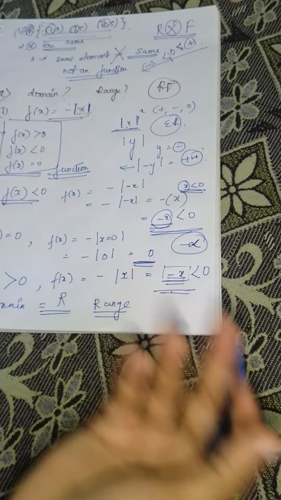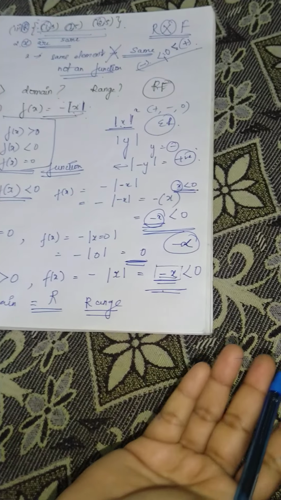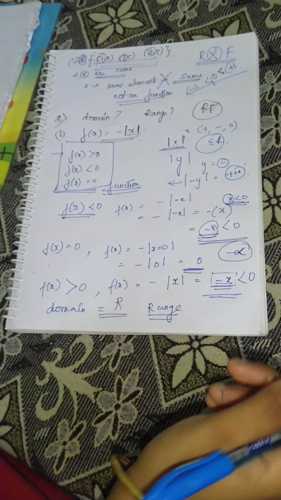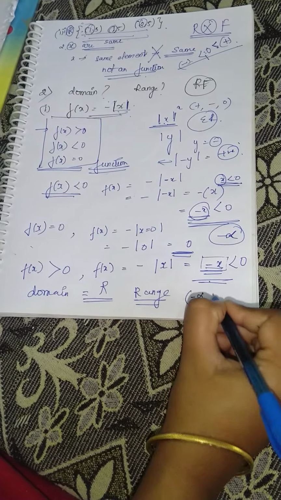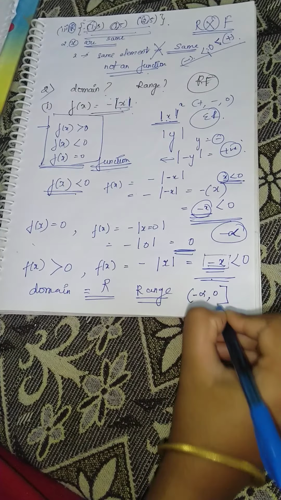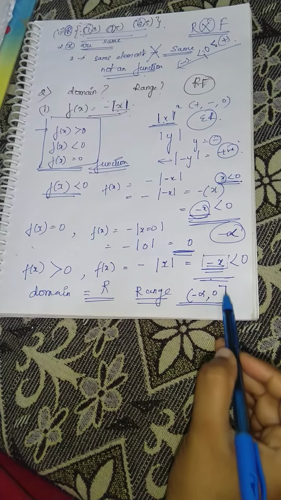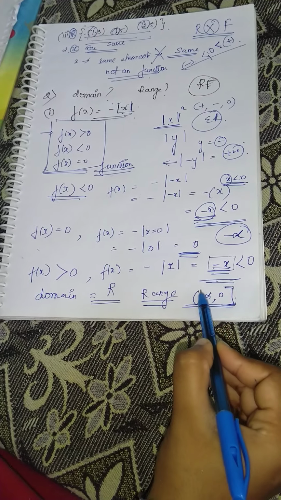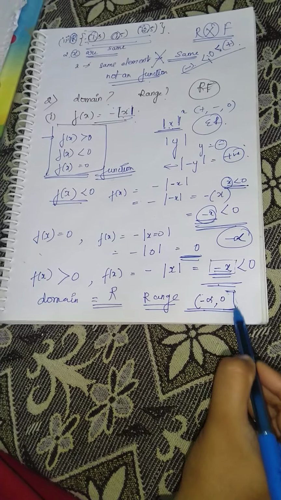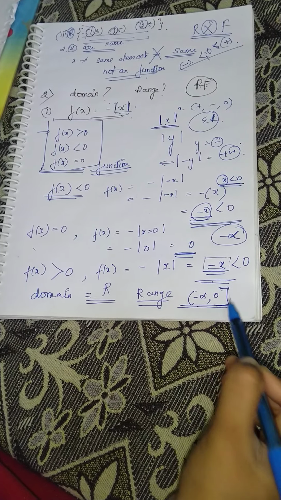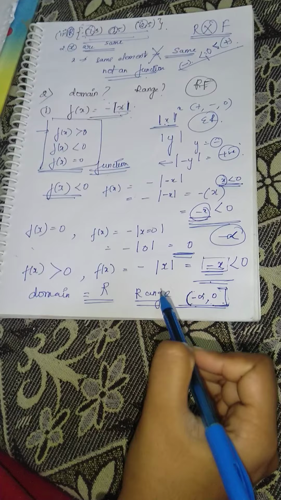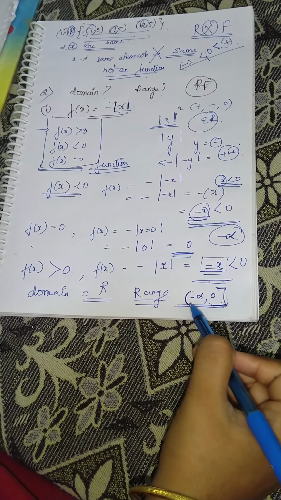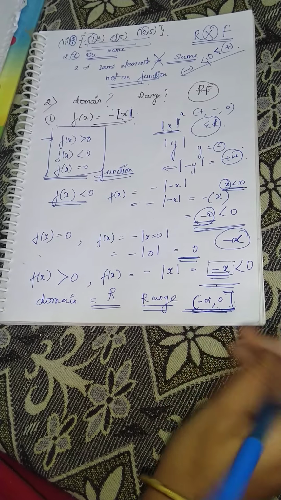Whenever minus x comes and you don't know the value of x, you have to put minus infinity only. At this condition, your range will be minus infinity comma 0. This is going to be the range. So why here square bracket and why here open bracket: square bracket indicates that I'm including the value of 0. Open bracket indicates that I'm not including the value of minus infinity. So your range is going to be this.